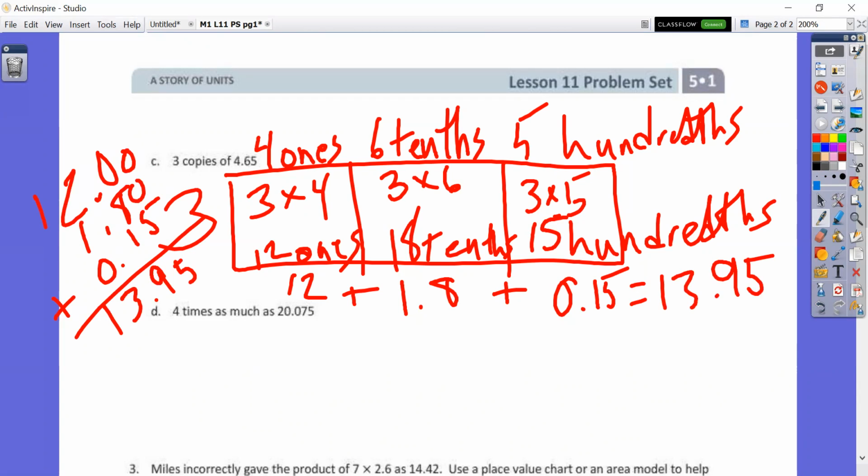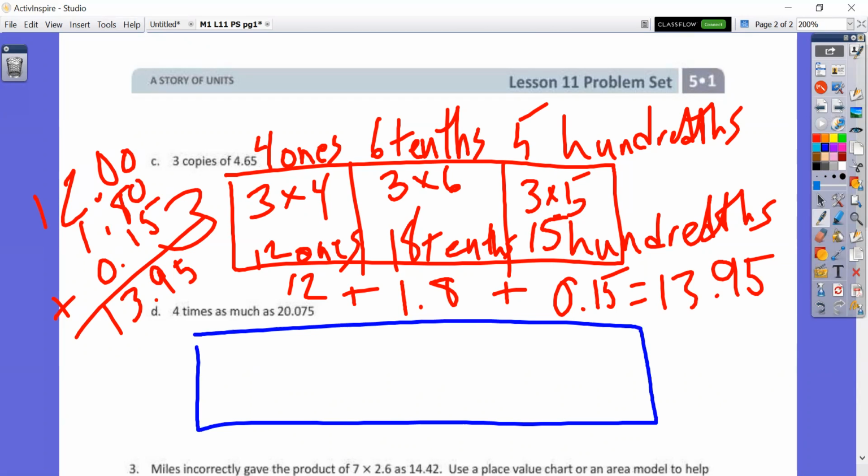Okay, last one. And this one is trying to trick you and challenge you. So let's see what we can do. I'm going to change colors. All right, 4 times as much as 20 and 75 thousandths. Okay, let's put it together. Now I see 1, 2, 3, 4, 5 digits in this number. Do you think we need 5 places?